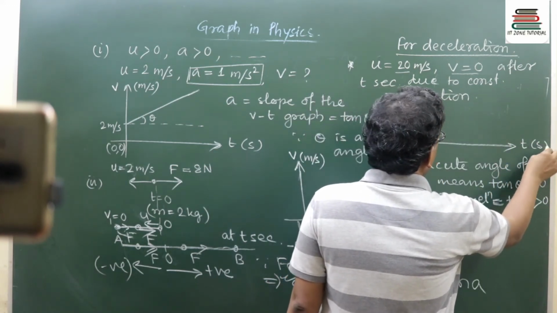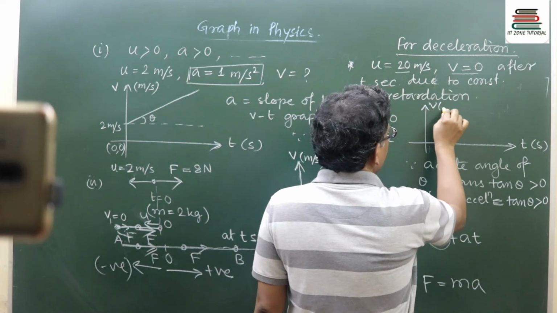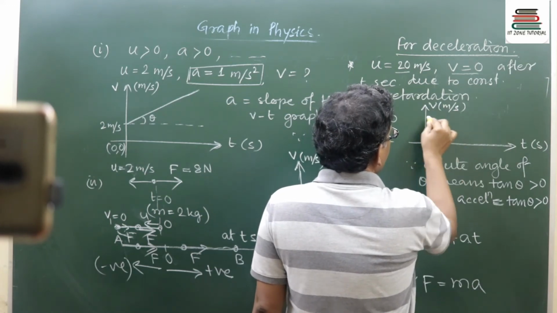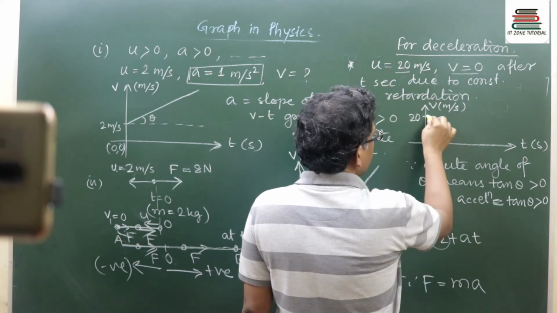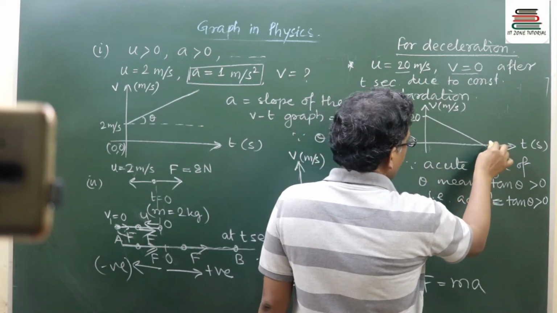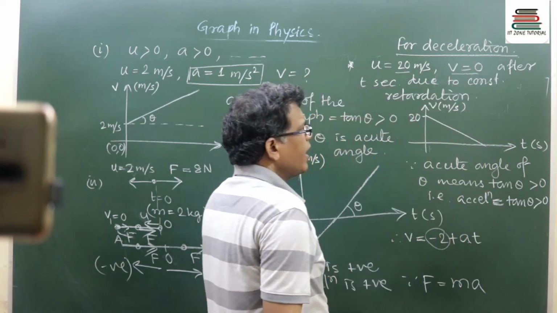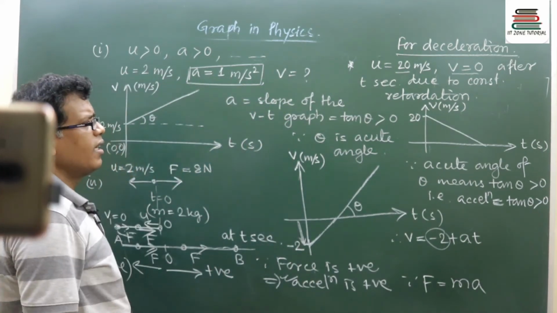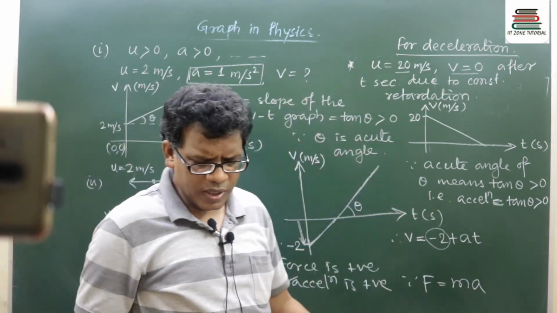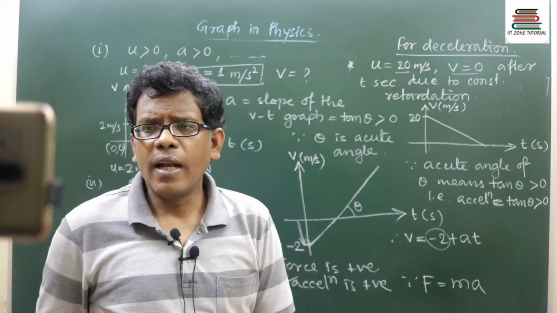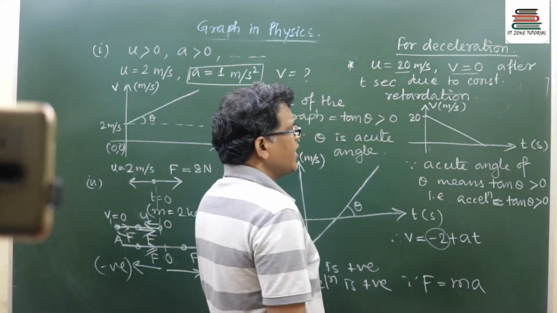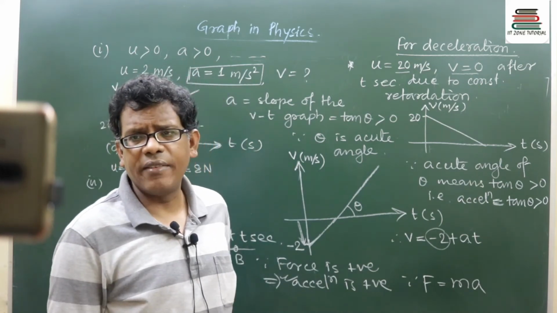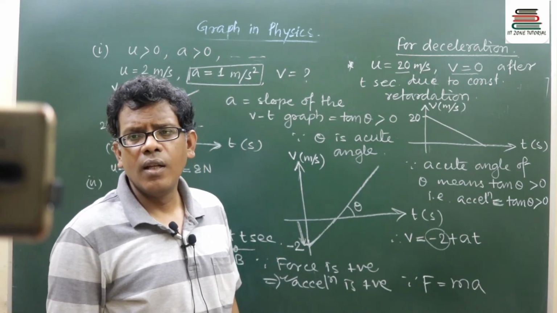This is the time axis, this is the velocity in meters per second, taking this line as 20, representing the initial velocity. From there onwards, if I draw it like this, it will justify the explanation of this motion. Why? Because it is saying due to constant retardation. Retardation means what? It is negative acceleration.